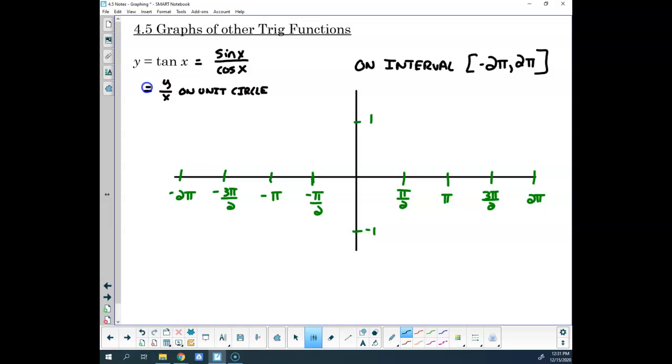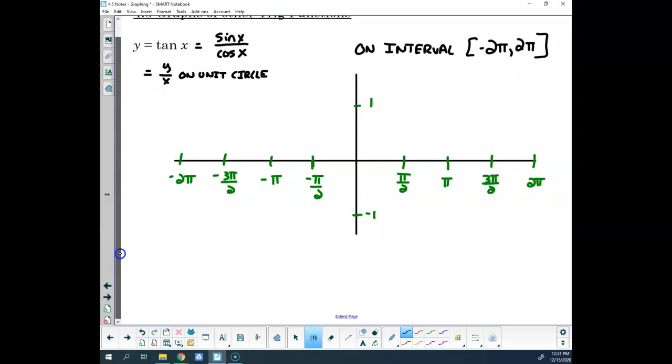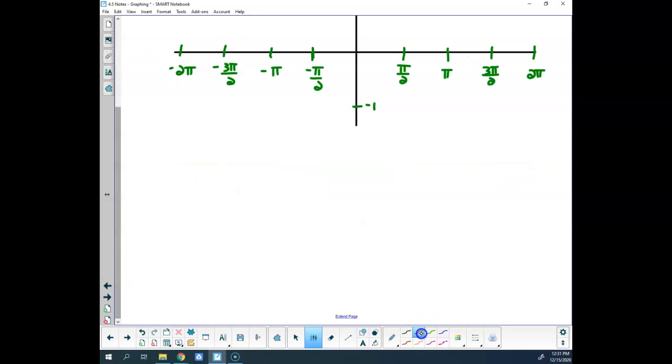My question to you now is this. When is tangent equal to zero, based off of our fractional logic?